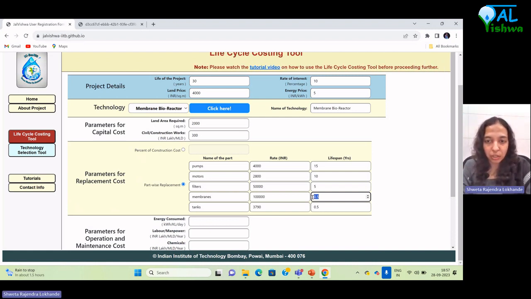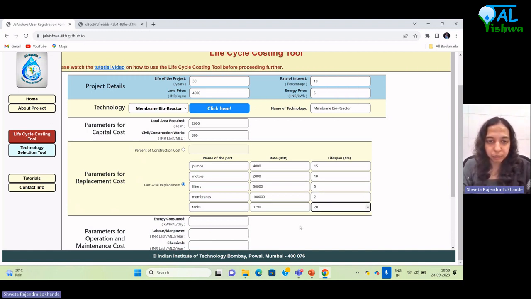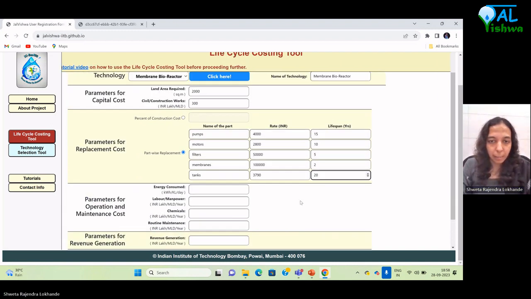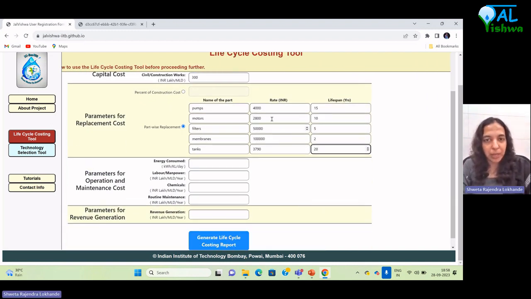Membranes, however, need to be replaced at a higher frequency of, say, 2 years, and the tanks after 20 years. There may be fewer components, so it depends. For a given technology, you can fill in one or two parts only that will need major replacement, and that you have to consider in life cycle costing. That is flexible.